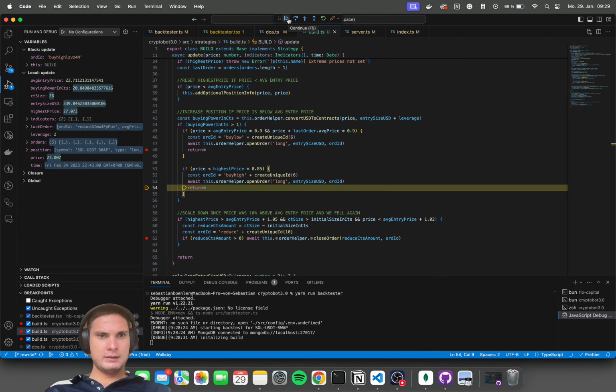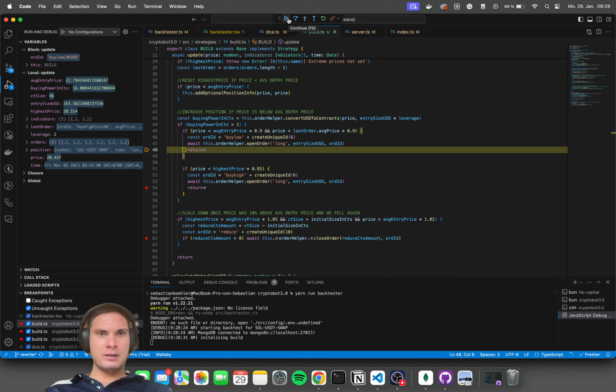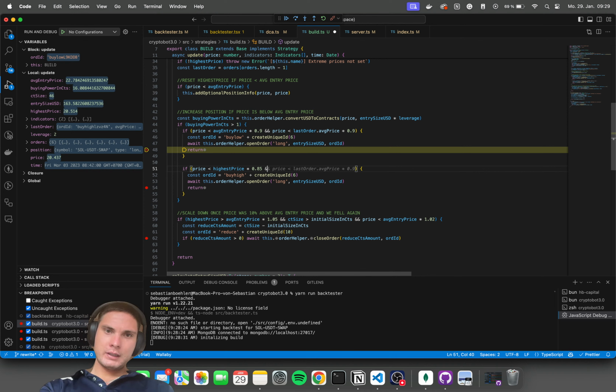Now we have a buy high. And now a buy low. And in between should be highest price and price is bigger than the average entry price times 10%.